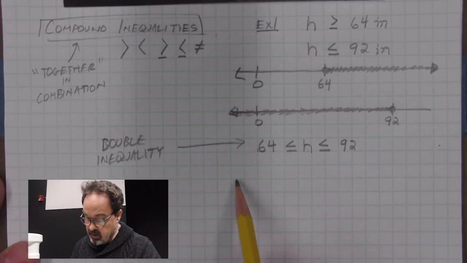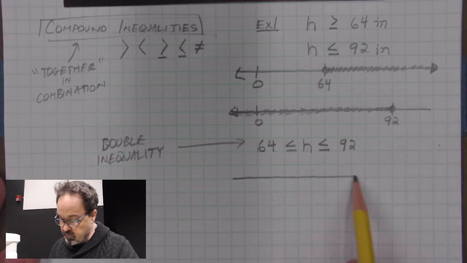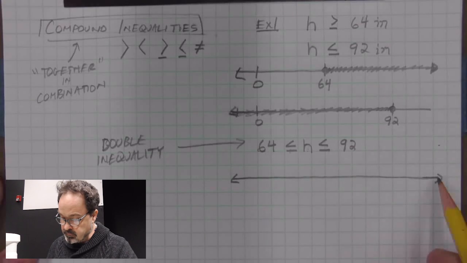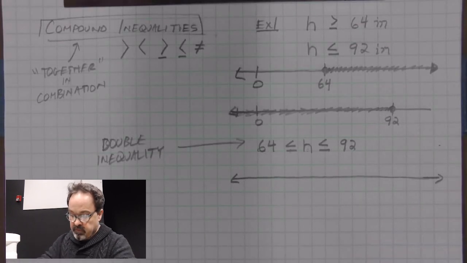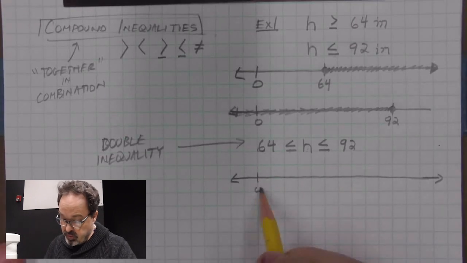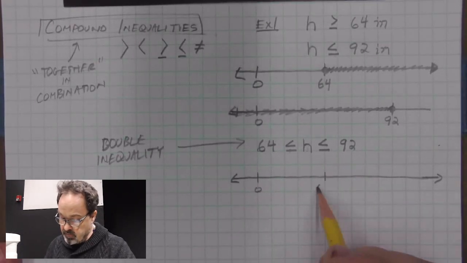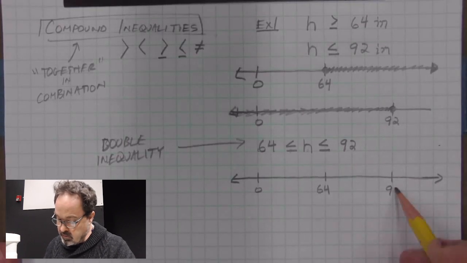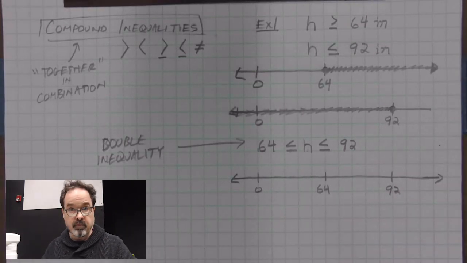And we can bring together the two inequalities above into a single graph to represent all the values between 64 and 92. Put a tick mark at 0, put a tick mark at the lower number 64, a tick mark at the other important number 92.